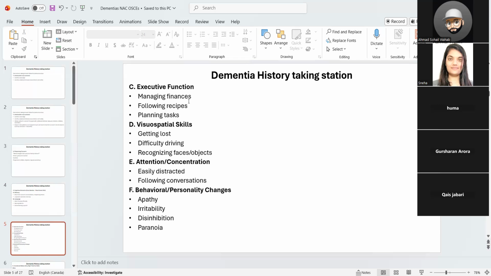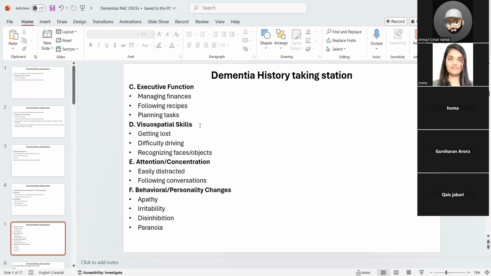If their finances aren't managed by themselves, or they have an accountant, we ask about other things. Do you have any difficulty with planning tasks and then doing those tasks as planned? Yes or no. We can ask if they have any difficulty following a recipe or a guidebook. They would say yes or no. This will help us determine if they have executive dysfunction or not.